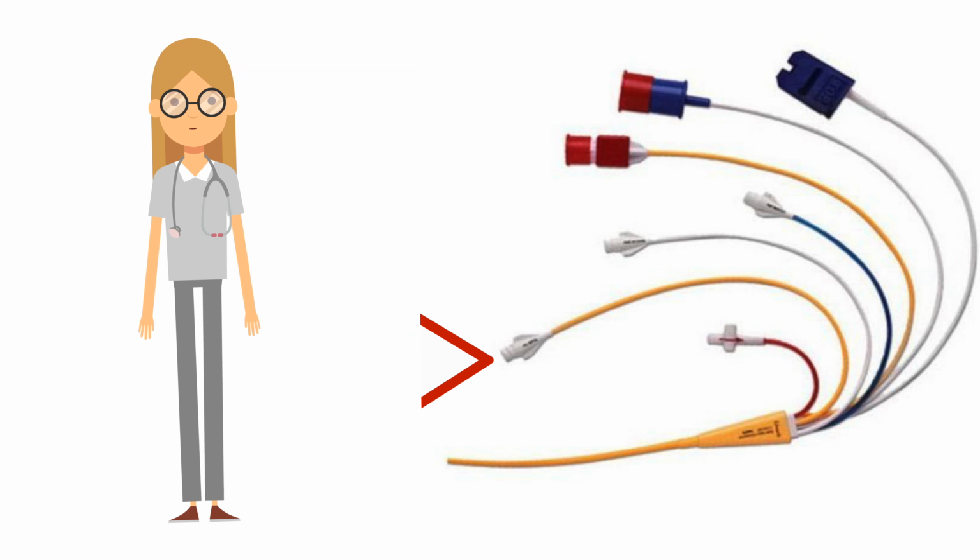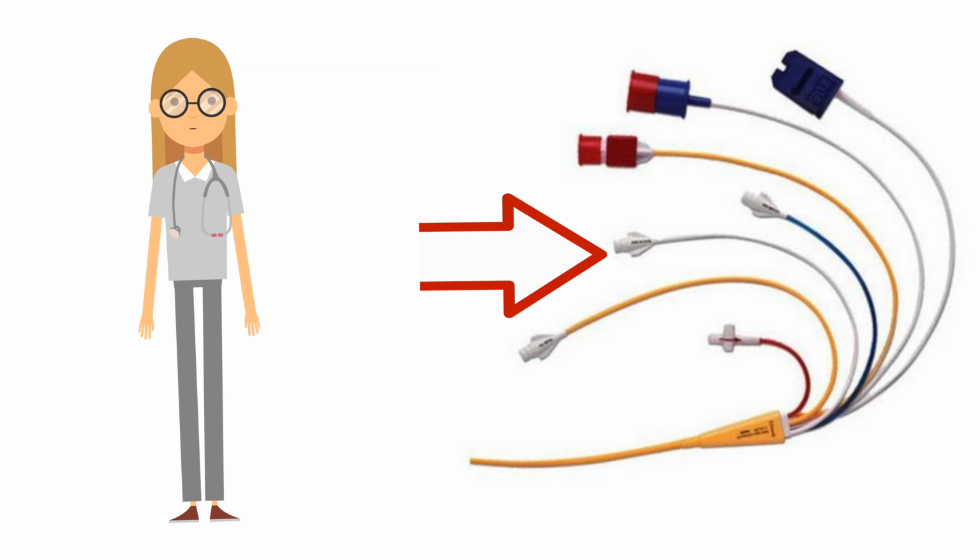The yellow port is the distal port. It is positioned in the pulmonary artery and attached to a pressure line and measures pulmonary artery pressure and pulmonary capillary wedge pressure. The white port is positioned in the right atrium.